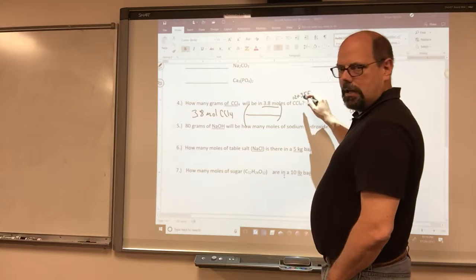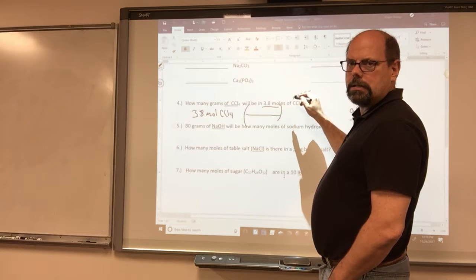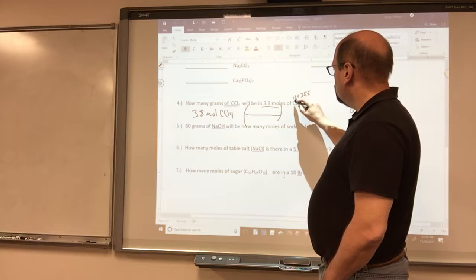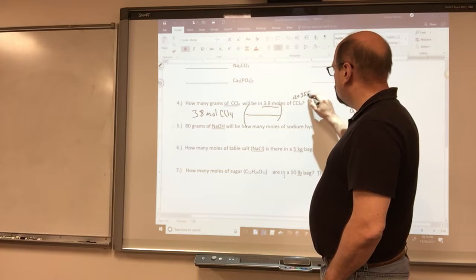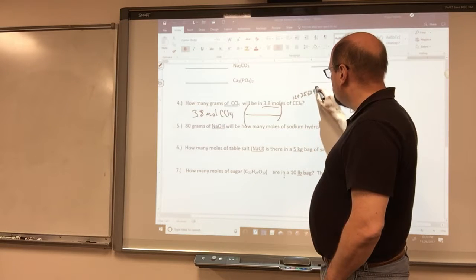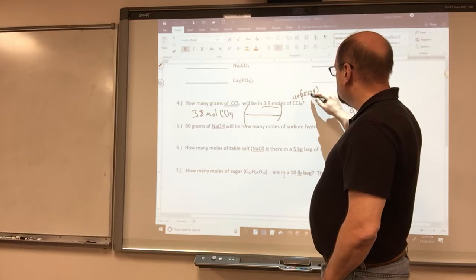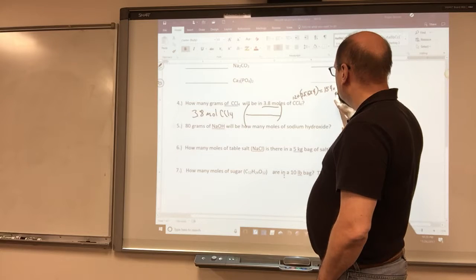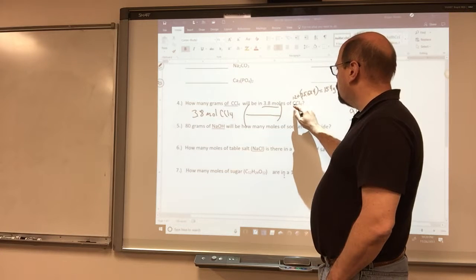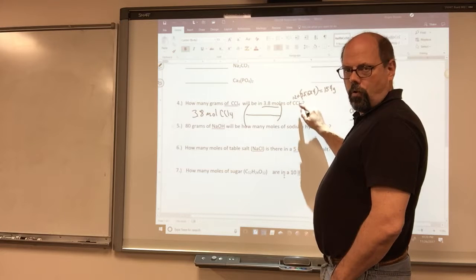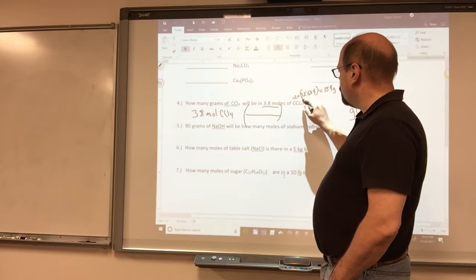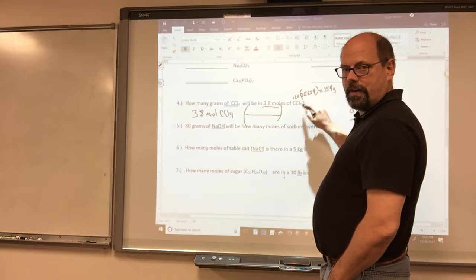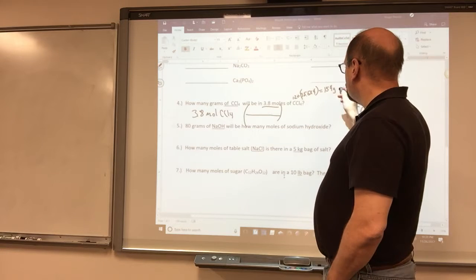So two of them is 71, and four of them is 142. 142 and 12 is the total. So that's 142 plus 12 is 154 grams. That's the total amount of carbon plus 4 chlorines: 12 plus 35 plus 35 plus 35 plus 35. So that's 154.